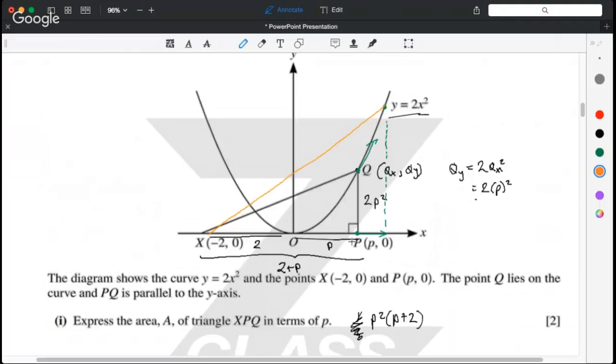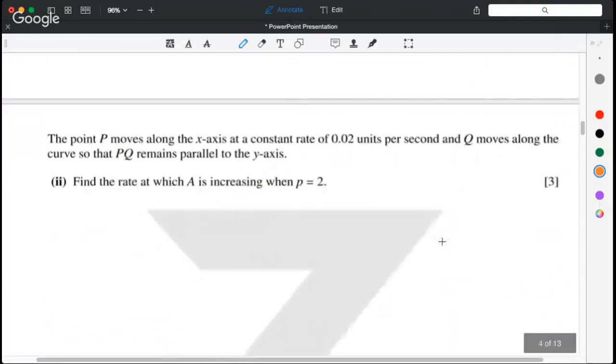Now, when this point P changes, what is causing it to change? Well, it's still moving on the x-axis, so only its x-coordinate is changing. So you've got this little p, which represents the x-coordinate of big P. That's the thing that's changing.